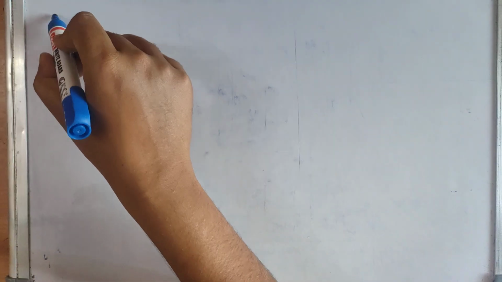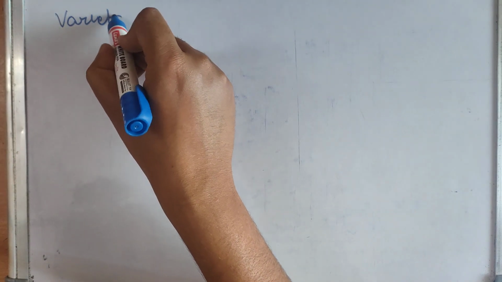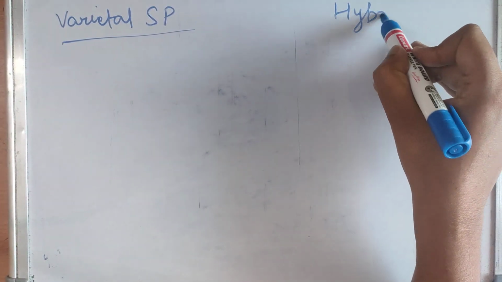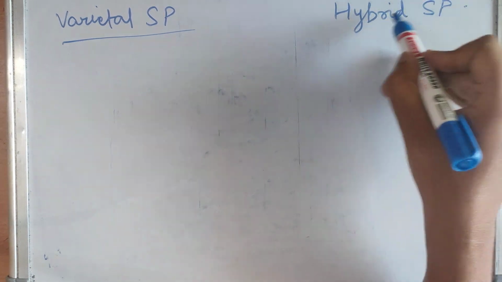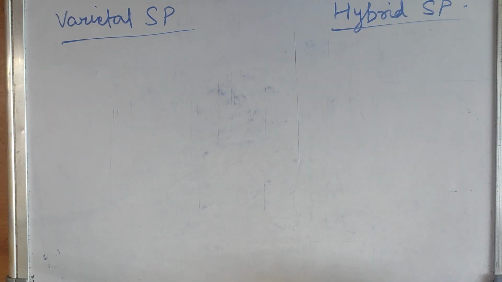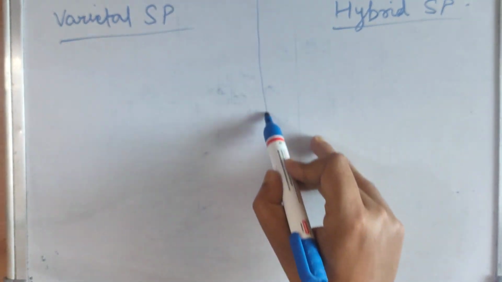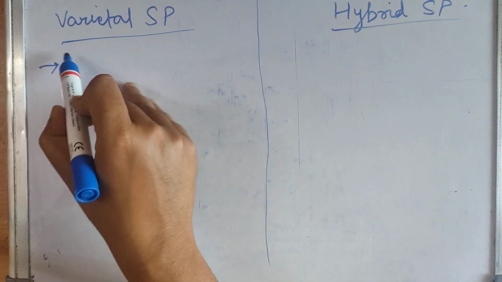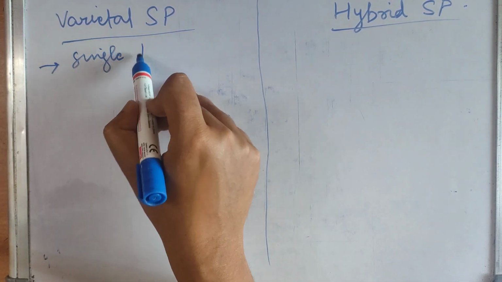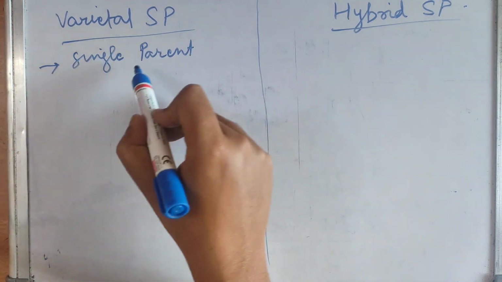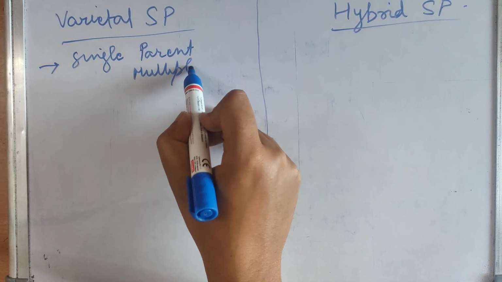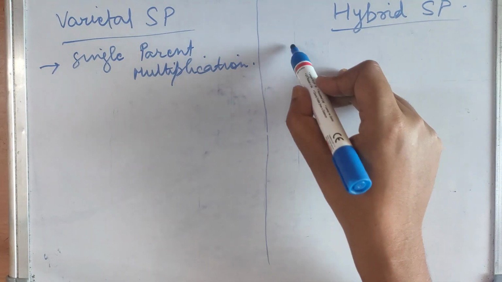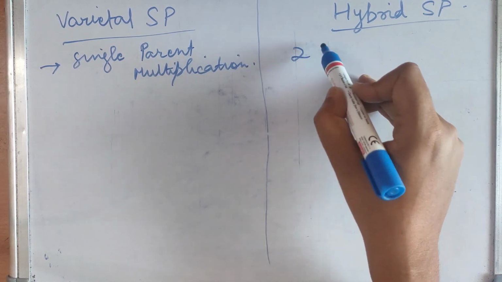Varietal seed production is a single parent multiplication, while hybrid seed production needs two to many parents.